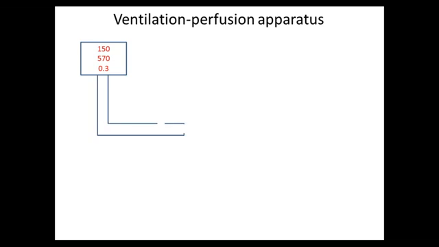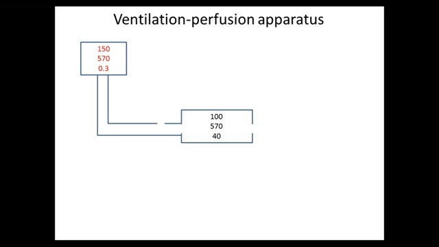In this slide, I will discuss in some detail ventilation perfusion apparatus. We are inhaling, at atmospheric pressure, oxygen pressure of 150 millimeter mercury, which is 21% of air, and 570 of nitrogen, 0.3 of carbon dioxide, passing through the dead space.